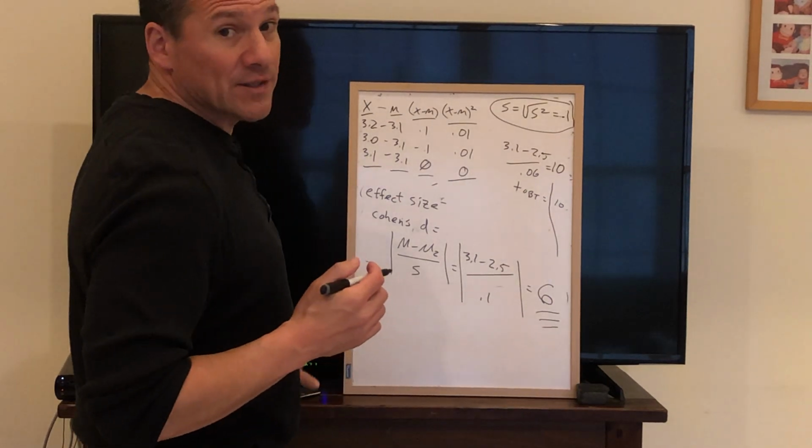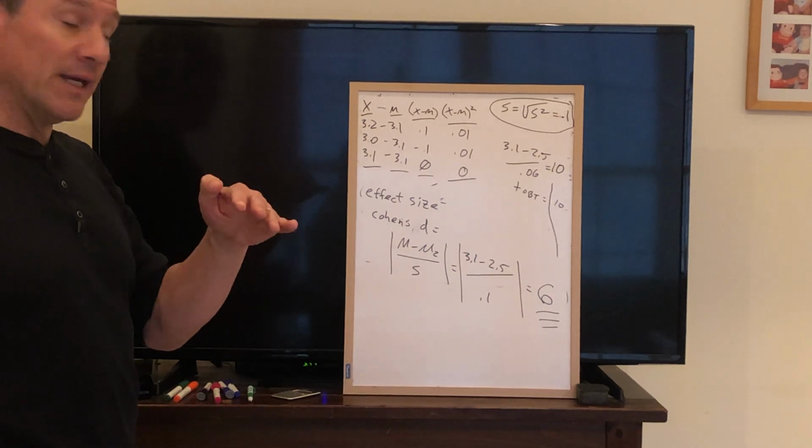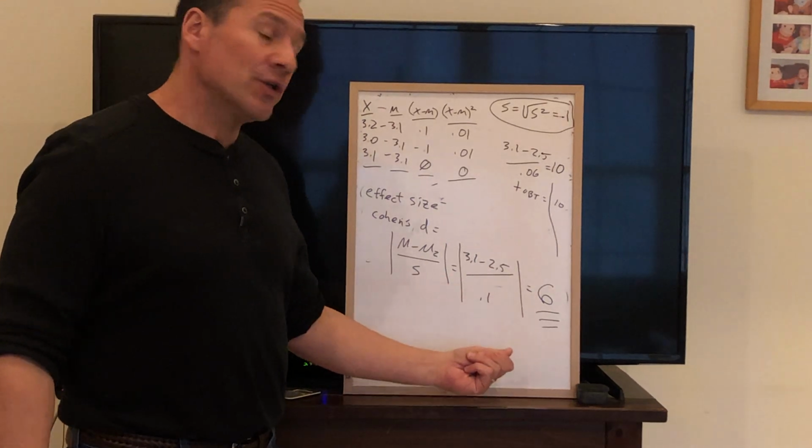So you remember effect size conventions, 0.2 is small, 0.5 is medium, 0.8 is big, 6 is huge.